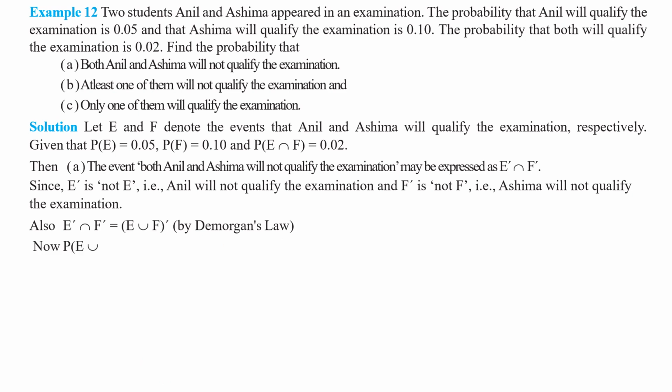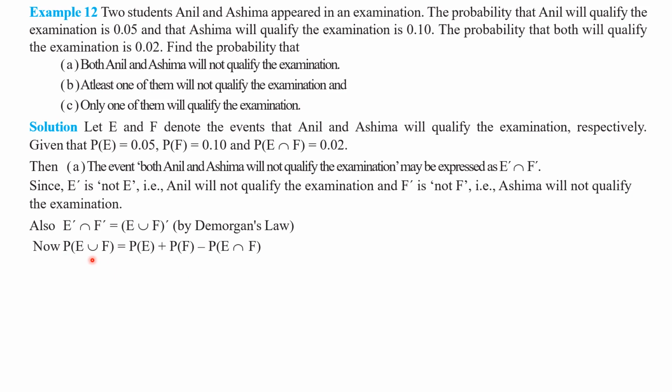Now, P of E union F is equal to P of E plus P of F minus P of E intersection F. Okay, my children, do you remember this formula? Yes, in the previous class, at the time of concepts, we have discussed this point.